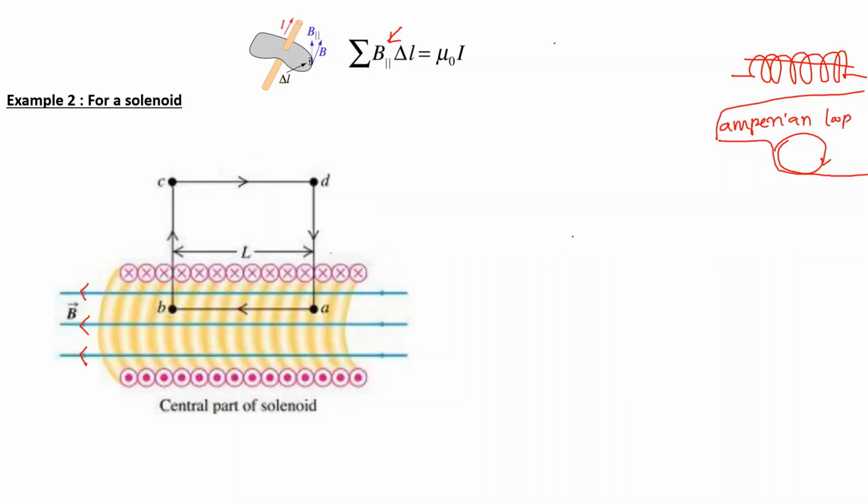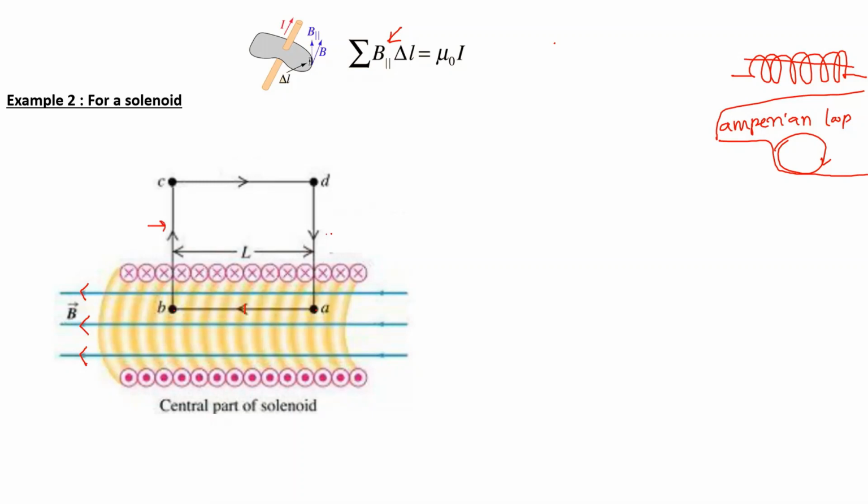So we need to choose a loop that will make our life easy. So they have chosen this rectangular loop, A, B, C, D. We can kind of imagine why they did that, right? Because this part A to B is parallel to the B field, so they can directly multiply it.